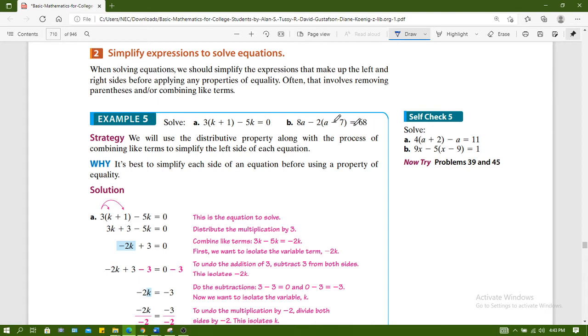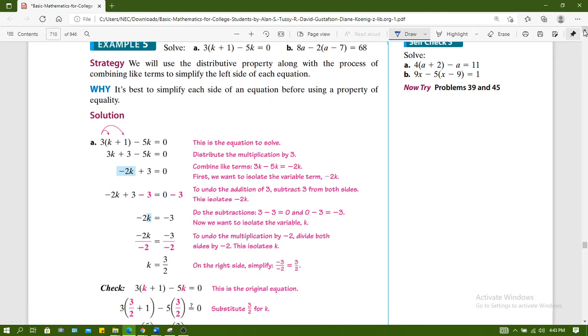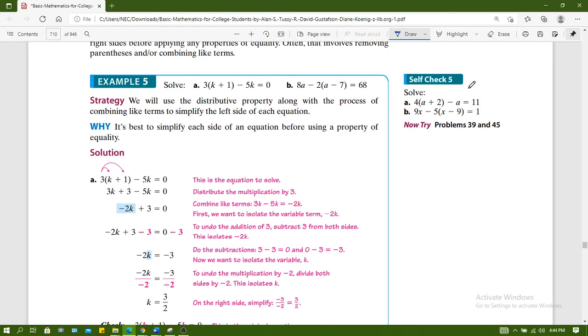So let's start with example number 5. After solving example number 5, you copy self-check number 5 also and do this activity so that you will have something to check your understanding at the bottom of the video.